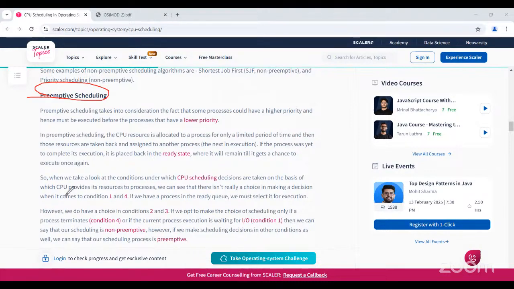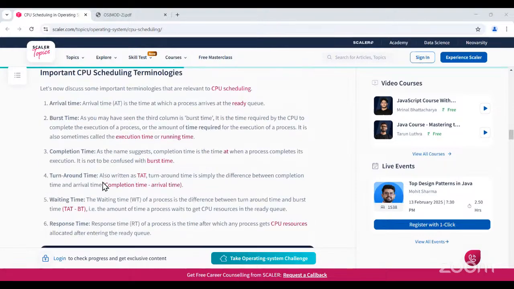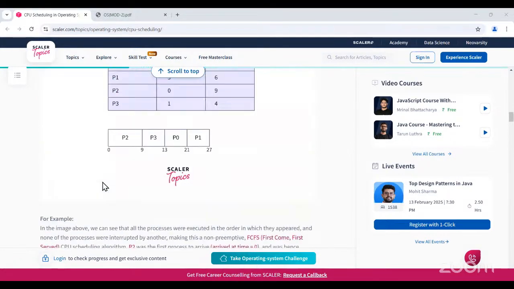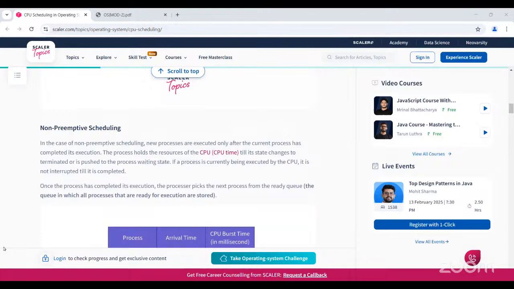Okay. And the remaining ones have many other concepts, we don't require them. Next one, see that non-preemptive scheduling. See, what is non-preemptive scheduling doing?